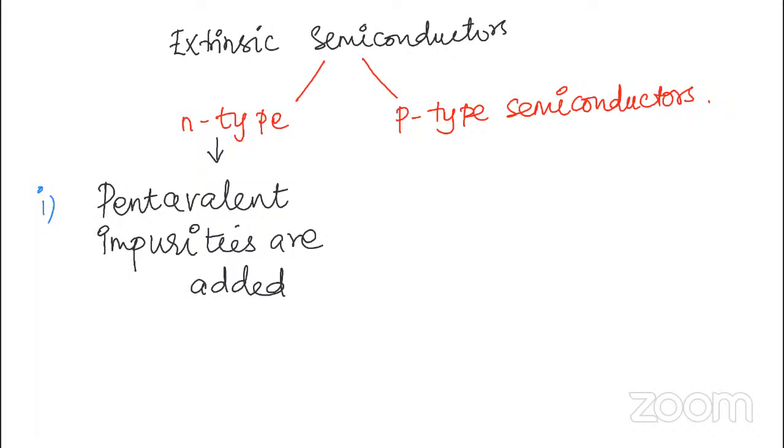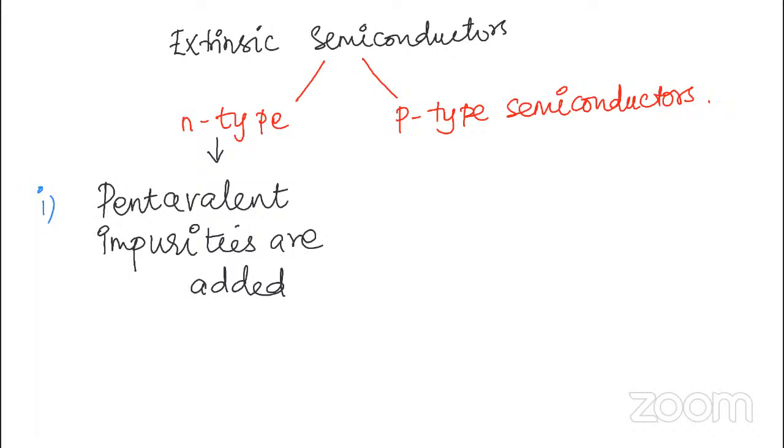So pentavalent means, in numbering, what number can we say? Pentavalent, penta means it represents the value 5.